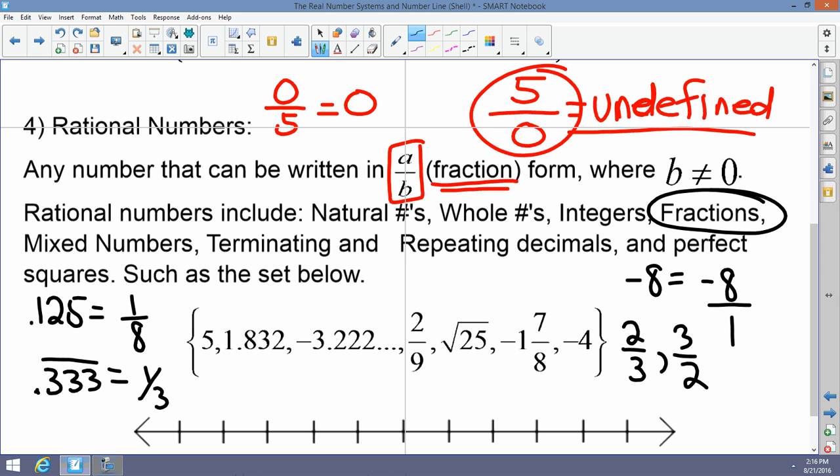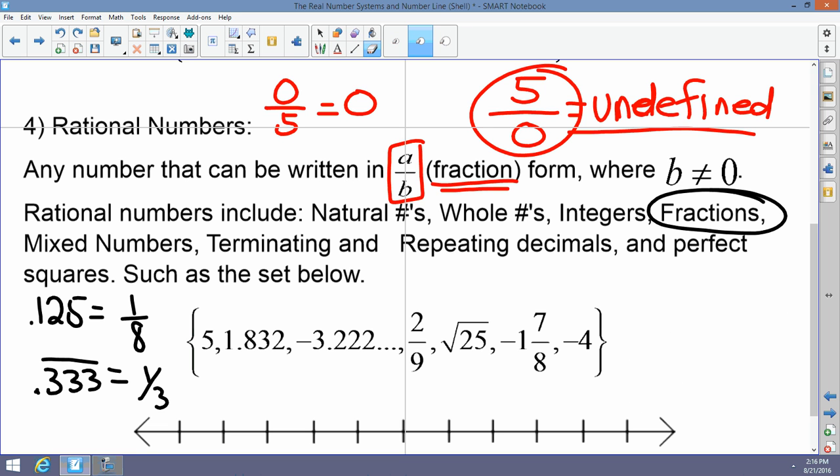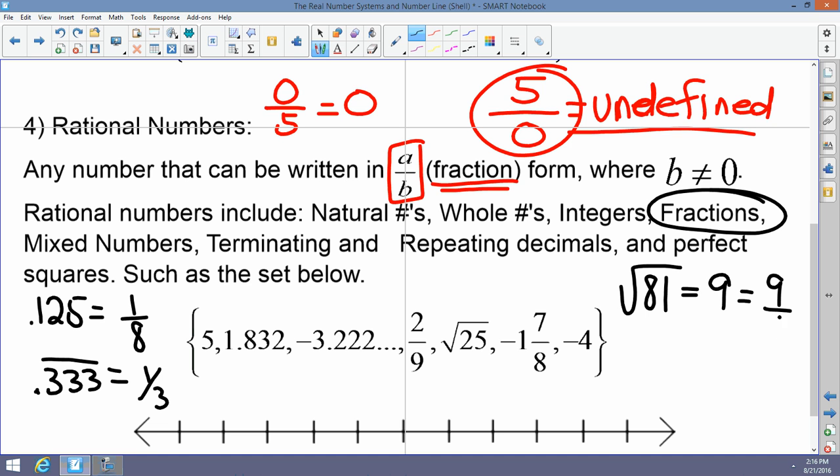And last but not least, perfect squares are also rational numbers, because of the following fact. Let's say we have the square root of 81. Square root of 81 equals 9. 9 equals 9 over 1, so it is rational. So the basic definition, again, of a rational number is any number that can be written in a over b or fraction form, where b is not equal to 0.